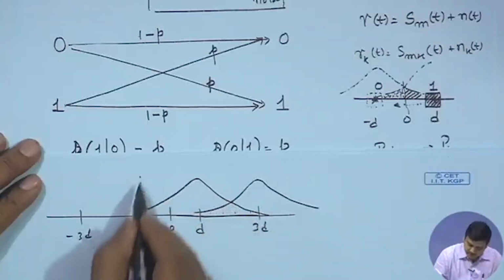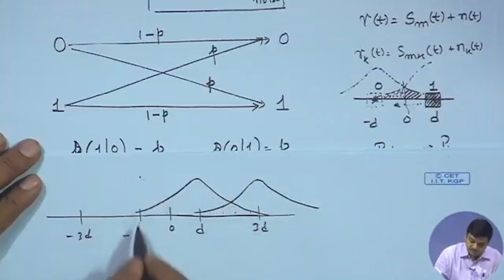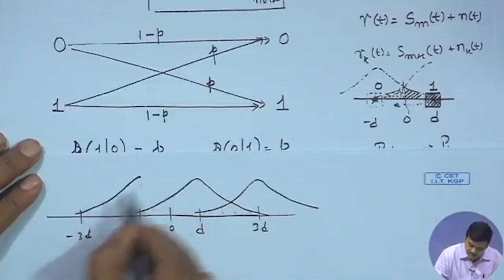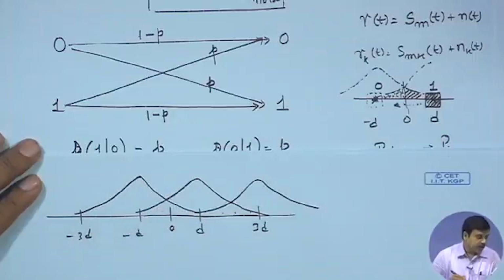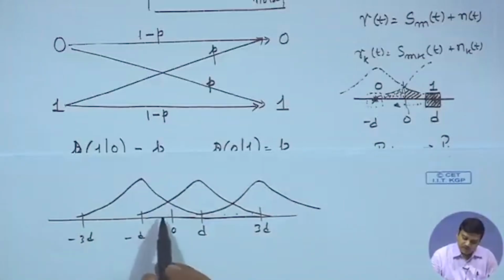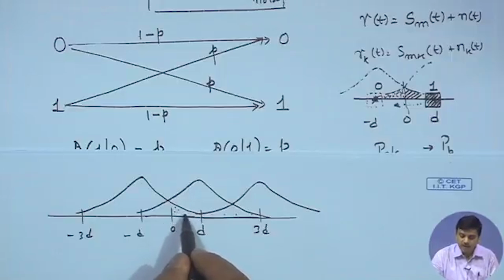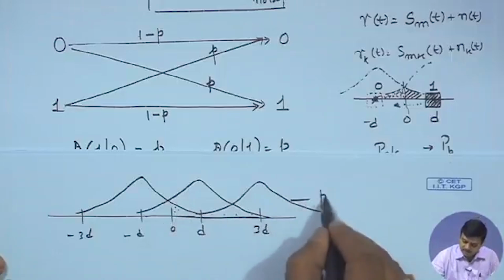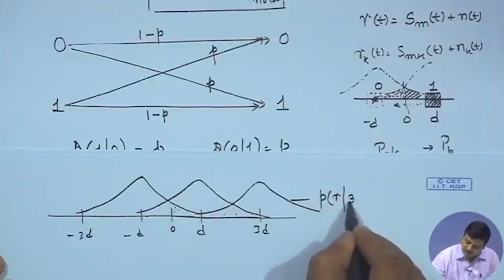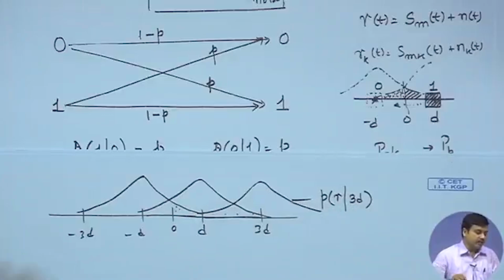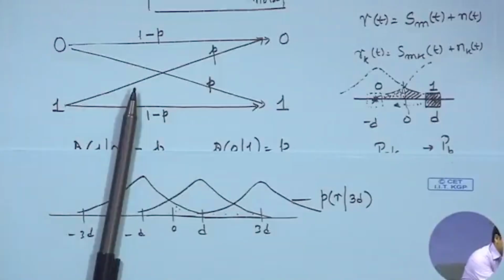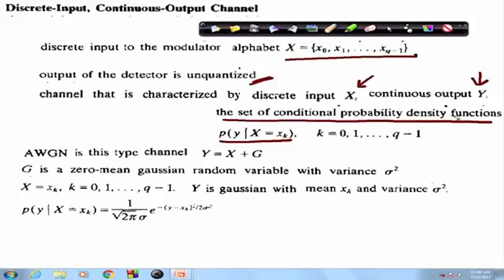Similarly, if you send minus d, this y axis is the probability density function axis. And then if you have to convert this to a discrete output, you have to calculate the probability of error. So, in that case, if minus d is sent, you will be calculating this area. However, what we have is the probability of the received signal given 3d as the sent signal, so it is given by the set of conditional PDFs.